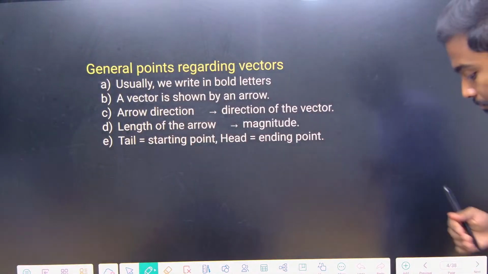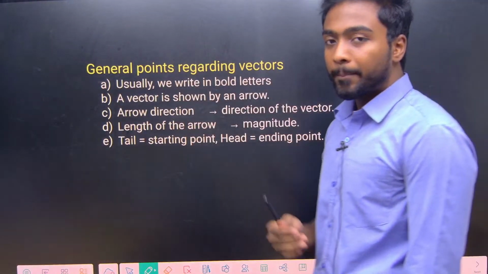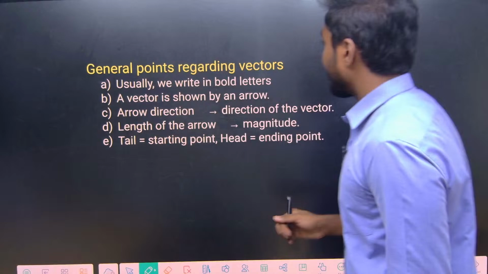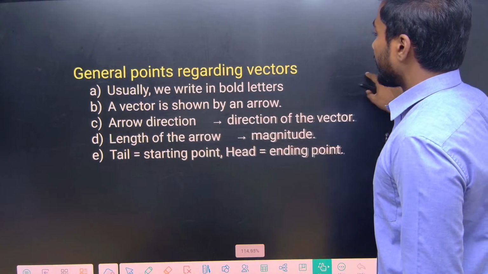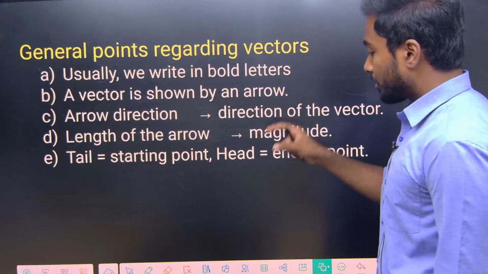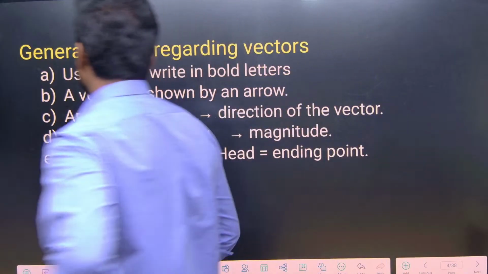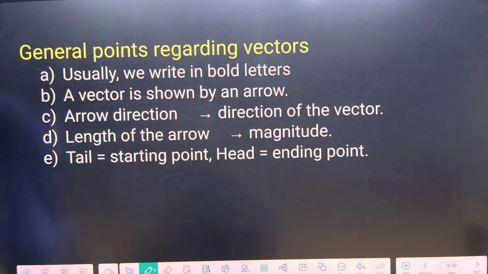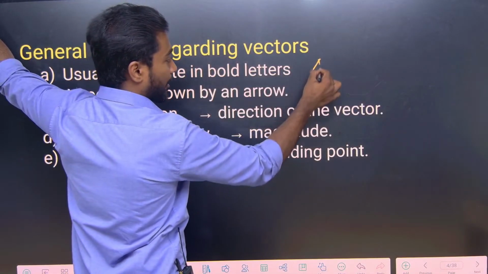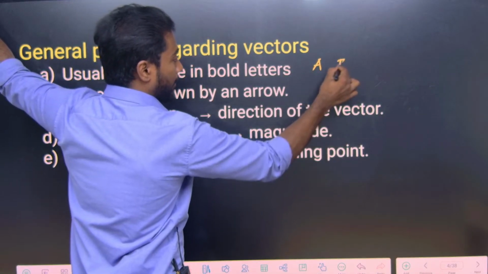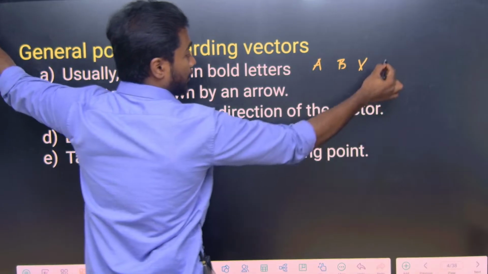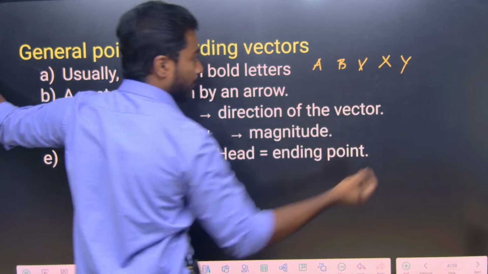Okay, we'll go a little deeper into vectors now. So generally, how will we write a vector? It's a general point. Usually we write in bold letters, for example capital A, capital B, capital V, capital X, capital Y, kind of thing.